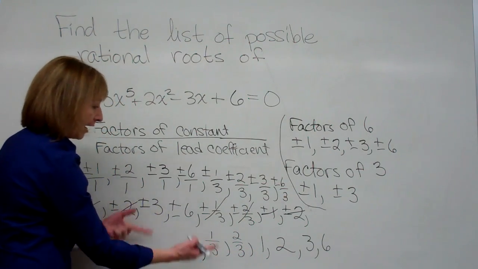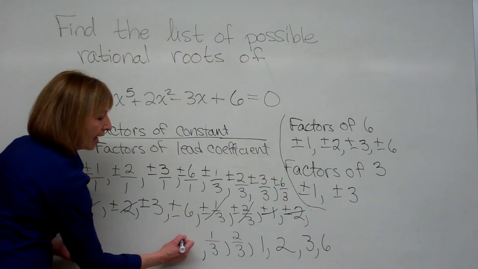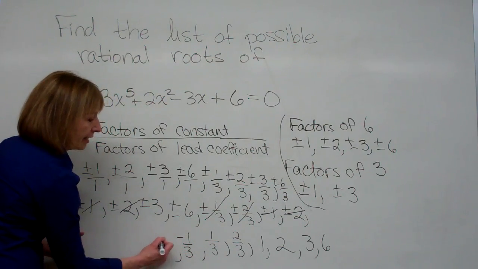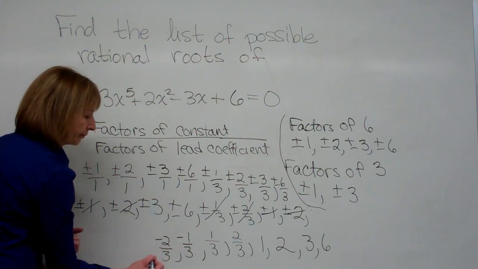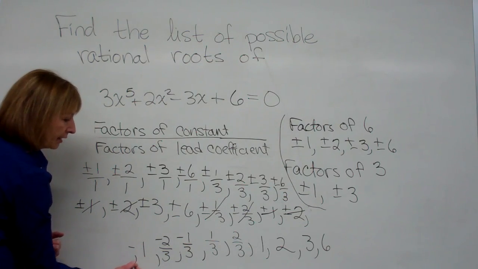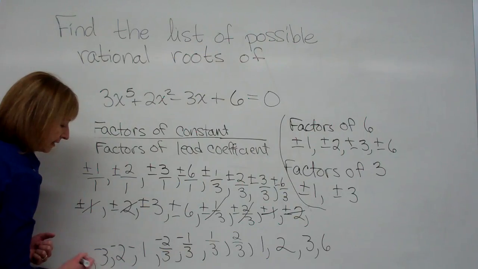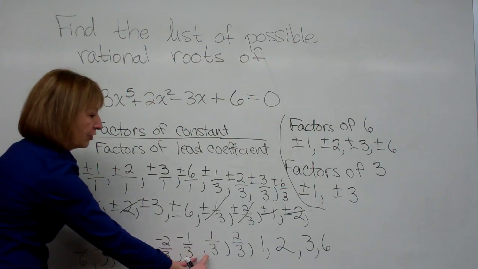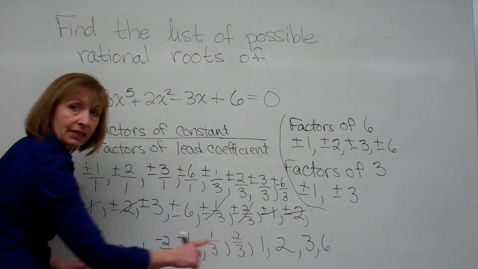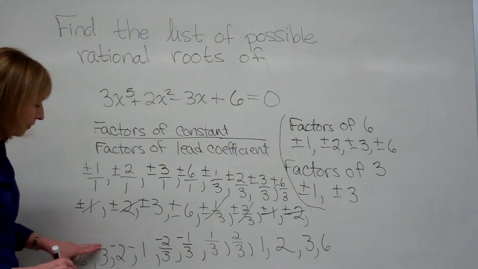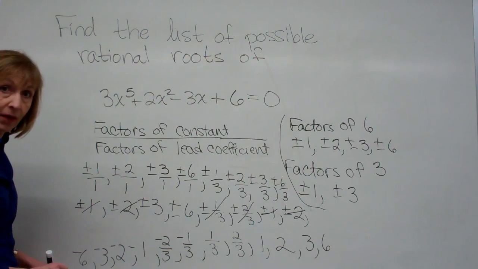And then I also could have the negatives: a negative 1/3, a negative 2/3, a negative 1, a negative 2, a negative 3, and a negative 6. I did the negatives in the reflected order so that I can make sure they're in order as well.